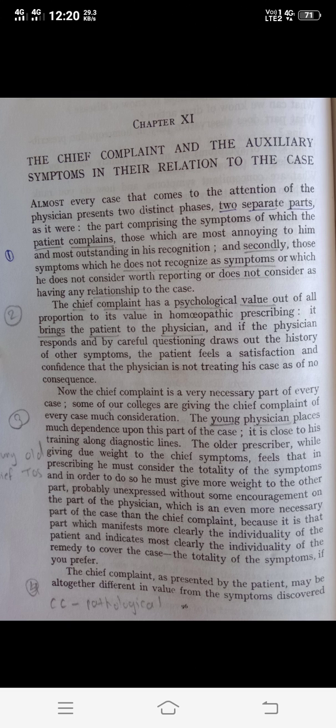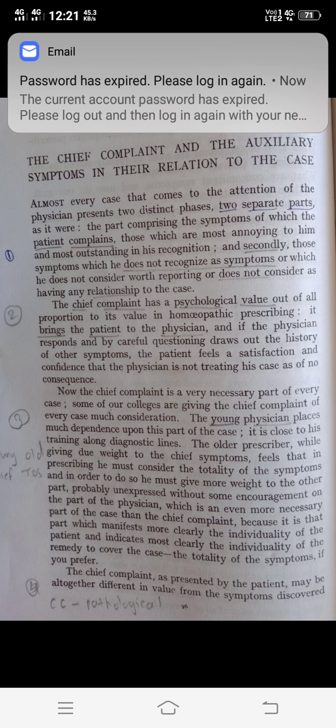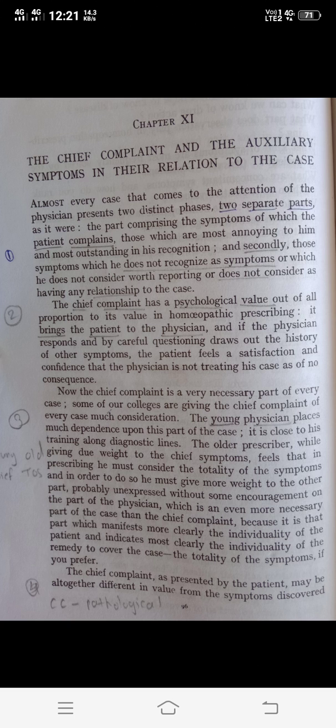Then in the next paragraph, what Dr. H. Robert explained: the auxiliary or concomitant symptoms, or a group of symptoms, seldom of any definite relationship to the leading symptoms from the standpoint of theoretical pathology. These are the symptoms which the pathologist would exclude as accidental and meaningless, but they actually have a definite relationship to the case because they occur in the same patient and at the same time, or in a definite relationship of time, as the other symptoms which are considered the chief complaint.